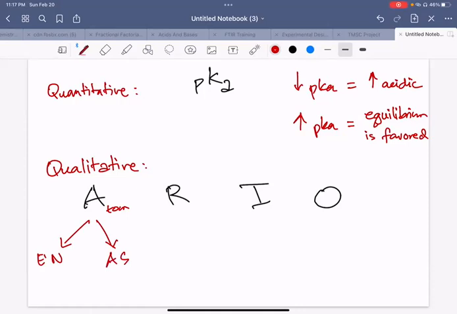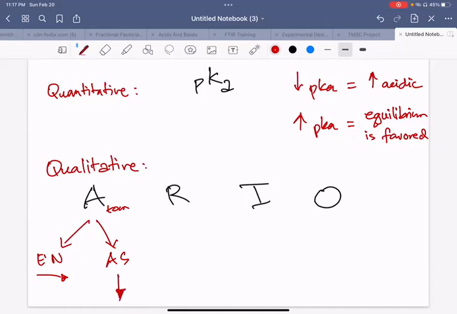Electronegativity is dominant when you compare two atoms bearing the charge that are in the same row. But when you compare two atoms bearing the charge that are in the same column, atomic size is more dominant.